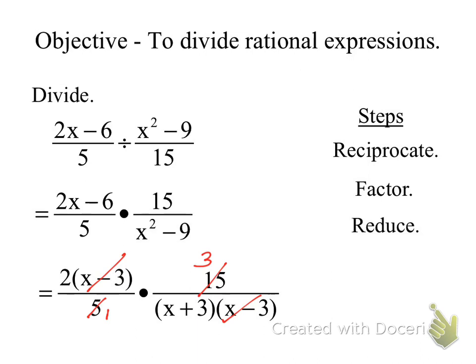And then last step, we multiply. So that would simplify to 3 times 2 is 6 over x plus 3. You're keeping it underneath. Preferably no equal signs, and put the answer underneath.